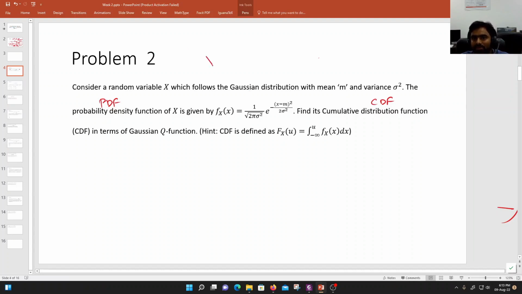And the notation capital X follows a normal distribution with mean m and variance sigma square. You just have to put this value in the integral, and keep substitutions or modify it in terms of the Gaussian Q function. I will also write the Gaussian Q function for you.